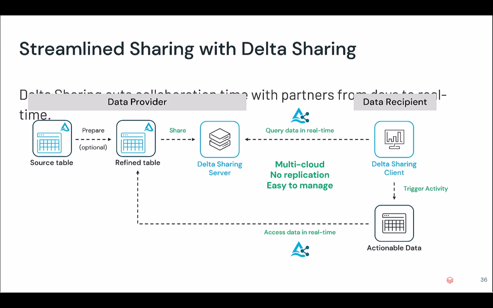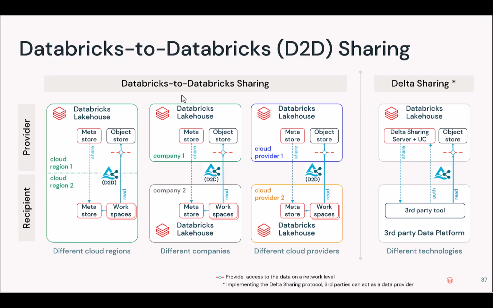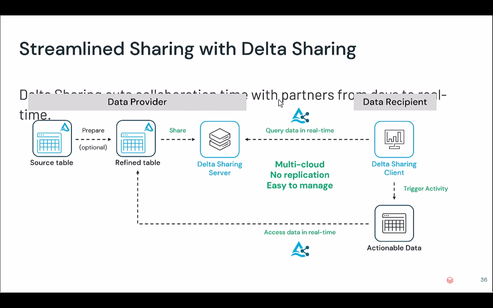So let me just see. So you have, for example, a Delta sharing client. It can query in real time whatever data is changing, right? So as you are writing, the source table is doing something. आपका source table होता है, then उसको filter करके आप जो share करना होता है, this is what you do.